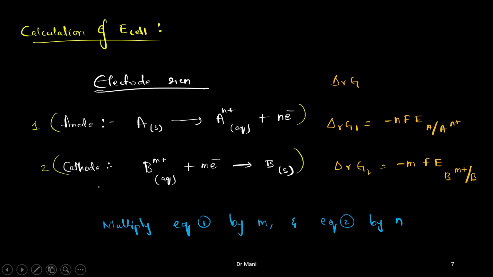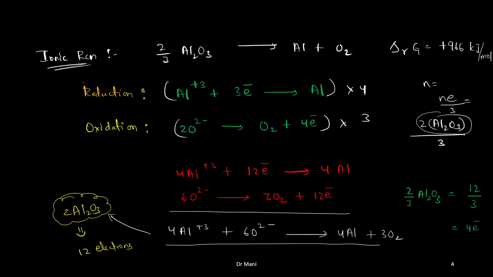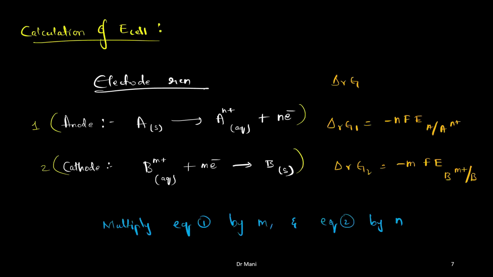Whatever we did in the previous thing, we are doing again. Similar kind of thing we did here. So see here, multiply equation 1 by m, multiply equation 2 by n, and then add the equations. Is this clear up to here? Any doubts?